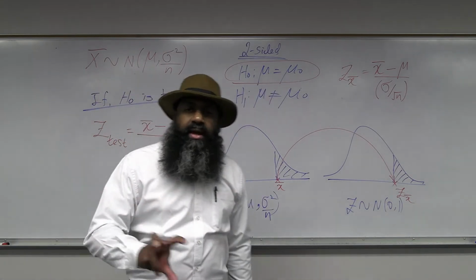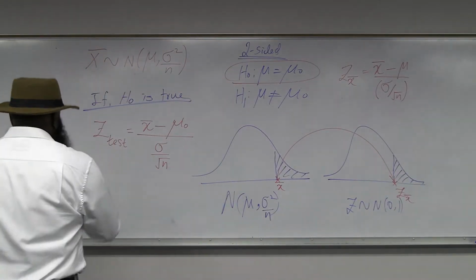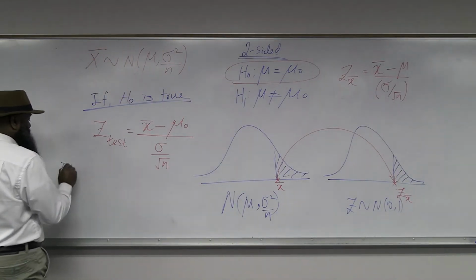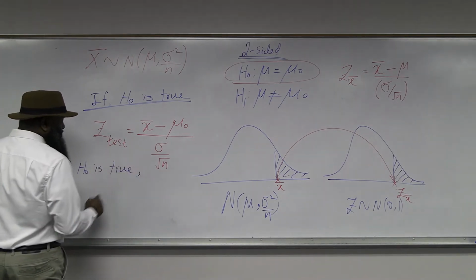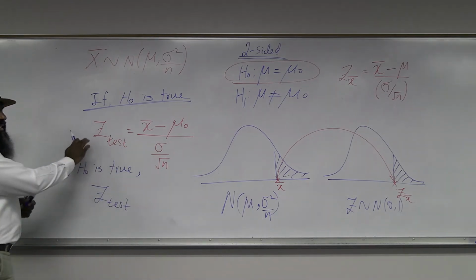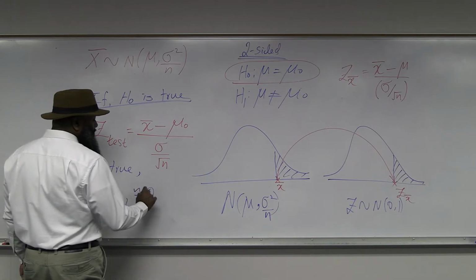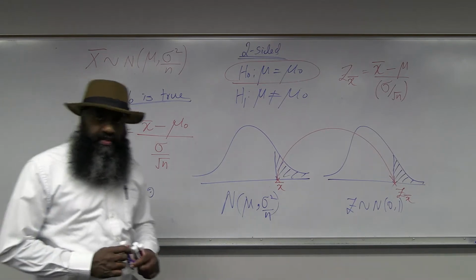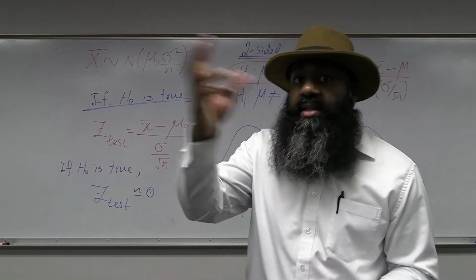Now that's the foundation of the argument. We say if H0 is true, the Z test statistic, this is called the test statistic, is approximately equal to 0. It may not be exactly equal to 0 because x bar is just a point estimate, not the true value.